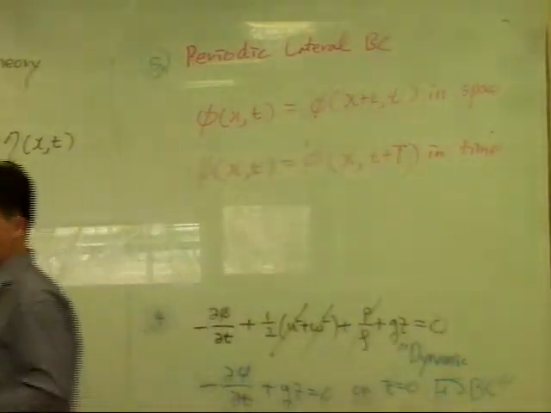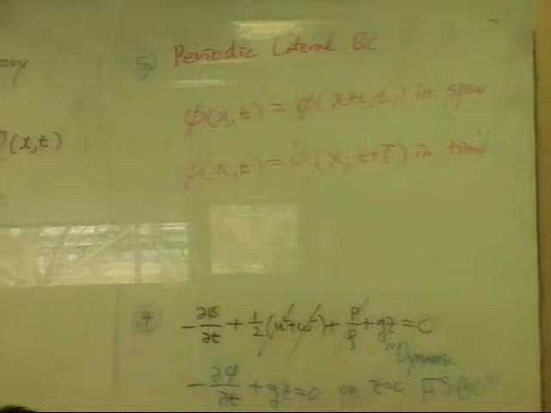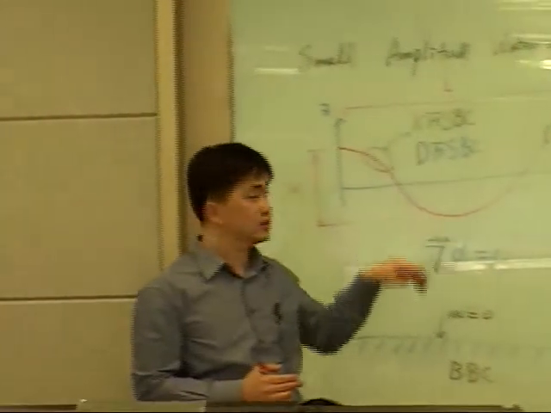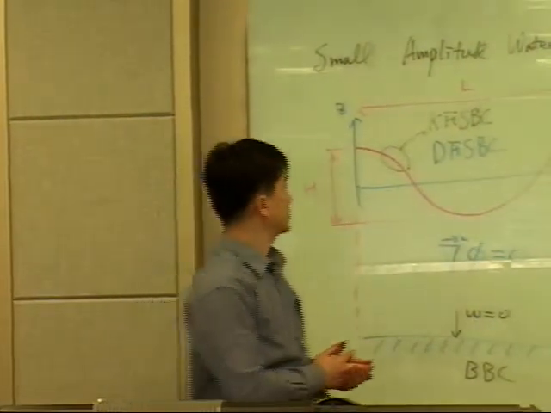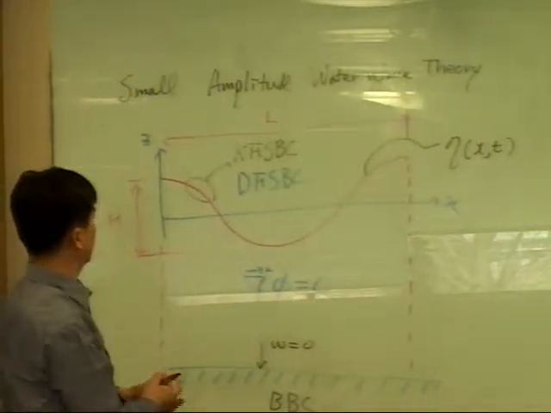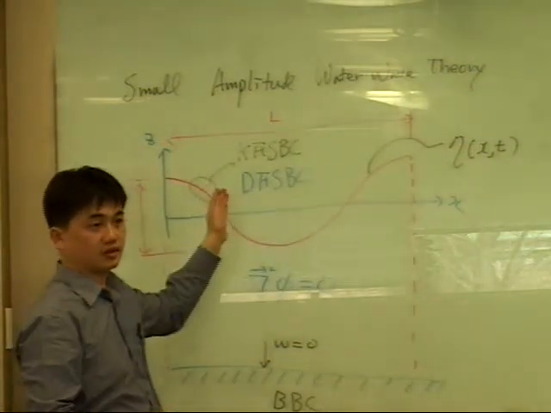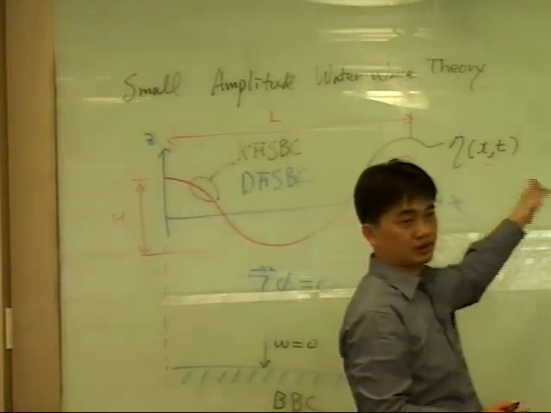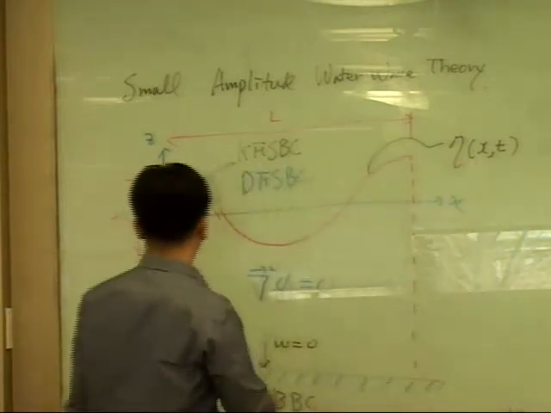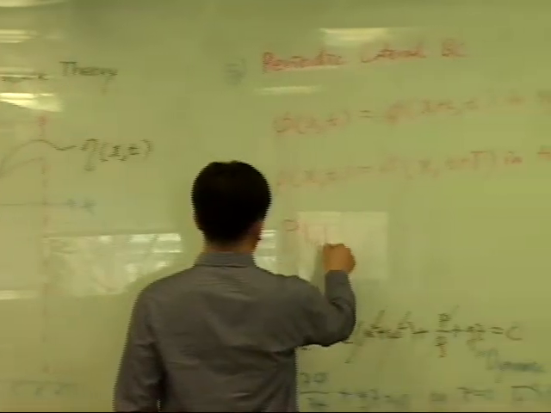Okay? Now look at this picture here. This is a sine function, right? We just assume the surface shape is sine or cosine. So this is just one cut of the sine or cosine function. This will be periodic about the time and about the space. That's the boundary condition. Periodic lateral boundary condition.